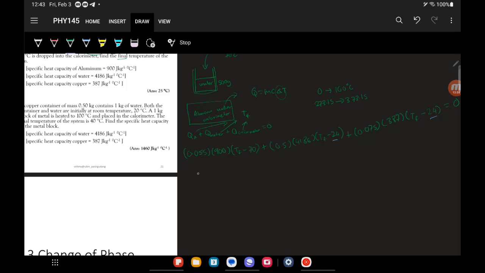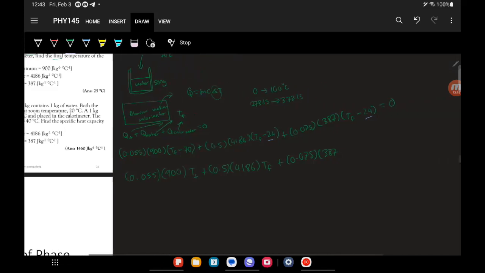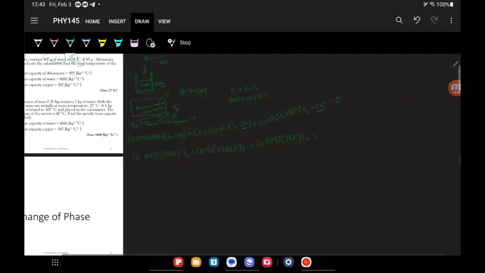It's going to be something like this: 0.5 times 4186 times TF, plus 0.075 times 387 times TF, and then the other side is technically similar.